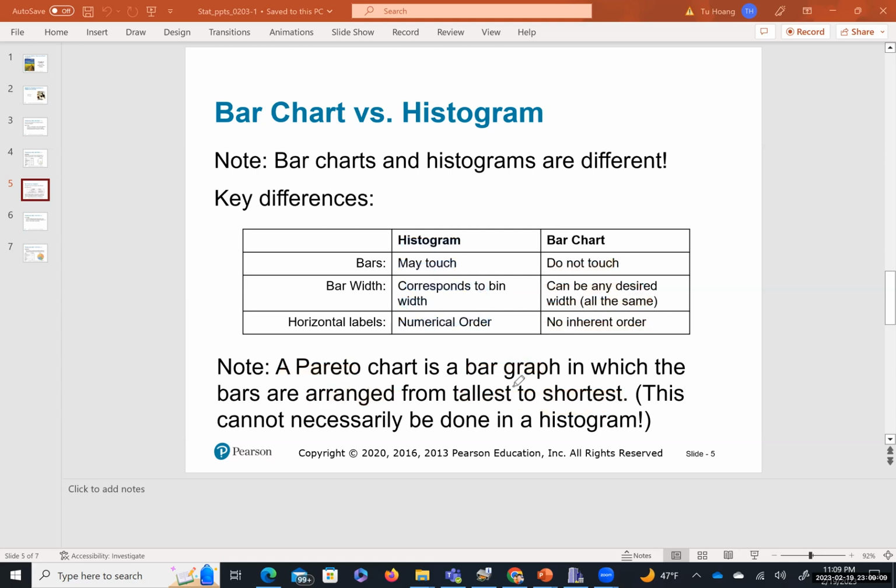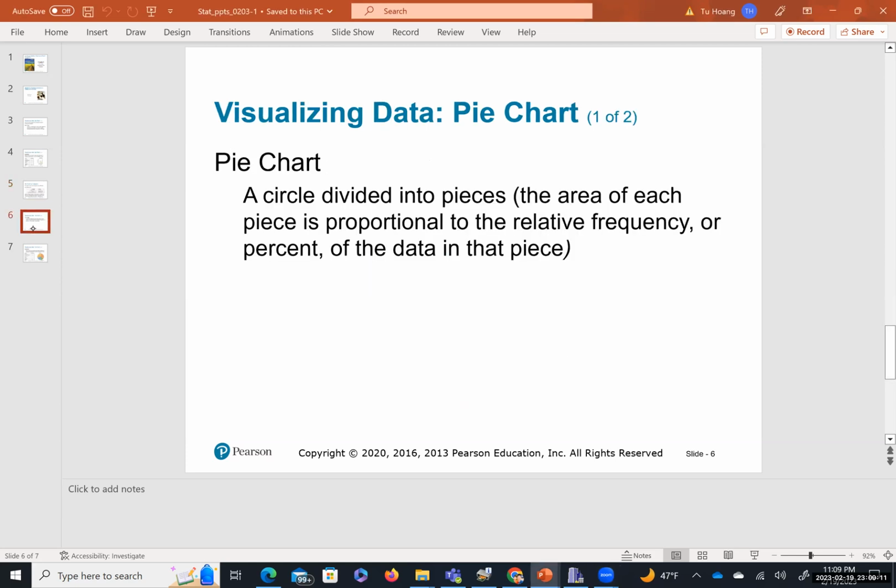So let's move to the next slide. In this slide, we talk about the pie chart, and a pie chart is a circle, right? A circle that is divided into pieces.